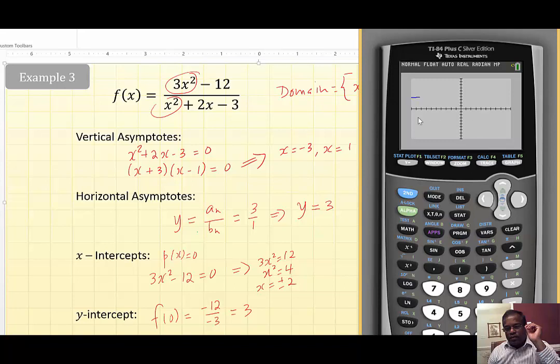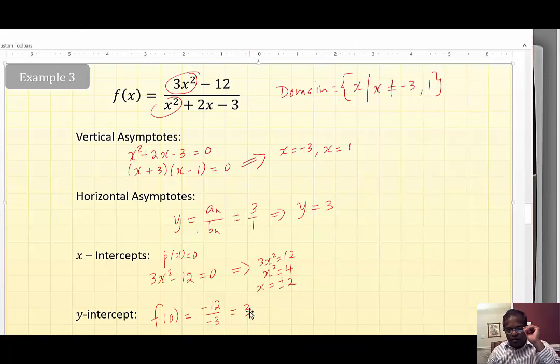Now you can see here 1, 2, 3, you have a horizontal asymptote at y equal to 3, and there's a vertical asymptote at negative 3 and also at 1, so this has to go all the way up, and x equals 1 has to be a vertical asymptote, and then again this will level off at the y value of 3 at the horizontal asymptote, and there are two x-intercepts at negative 2 and 2.